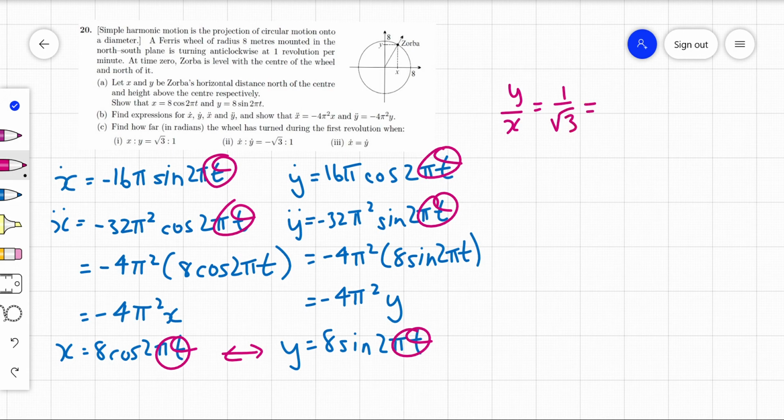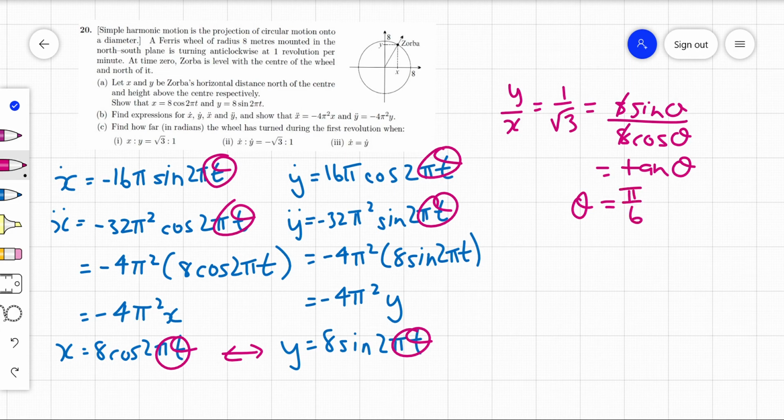So y is 8 sine theta on x is 8 cos theta. You can see that's just going to be tan theta because the 8's are going to cancel. So tan theta equals 1 on root 3. And we know tan 30 is 1 on root 3, so that's pi on 6.